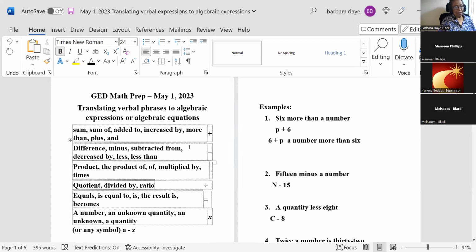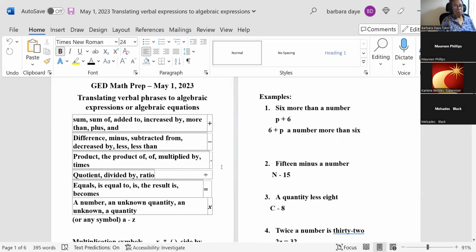Now, the next one is product, the result of a multiplication. Okay, Maureen, tell Mercedes how many symbols there are for multiplication. Parentheses, the X, side by side, and that little thing that looks like a star, the asterisk.